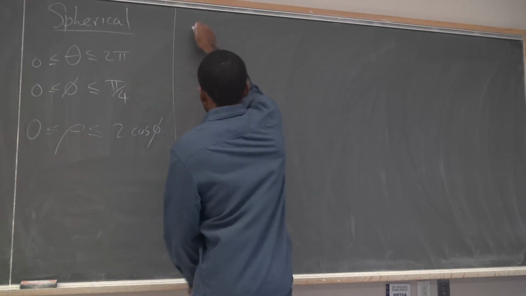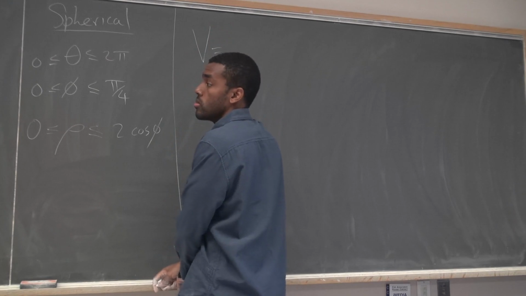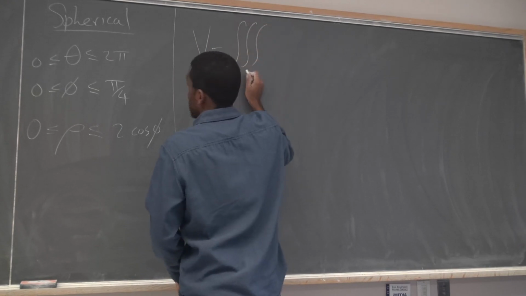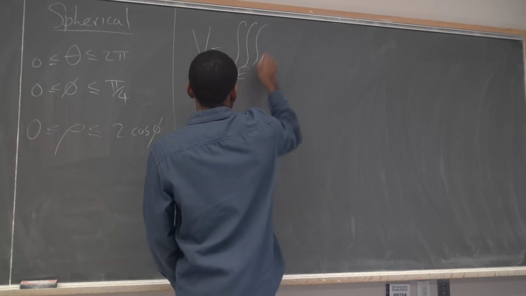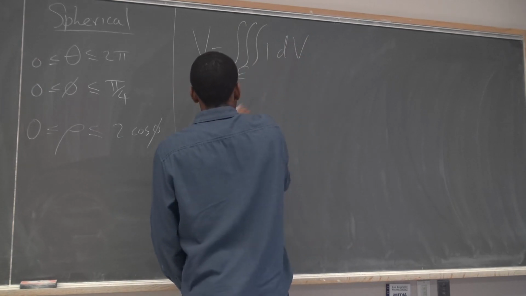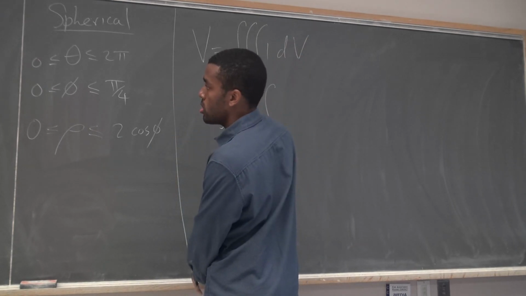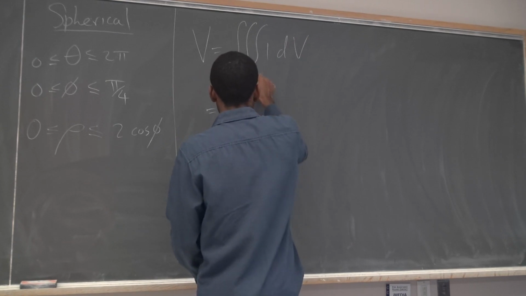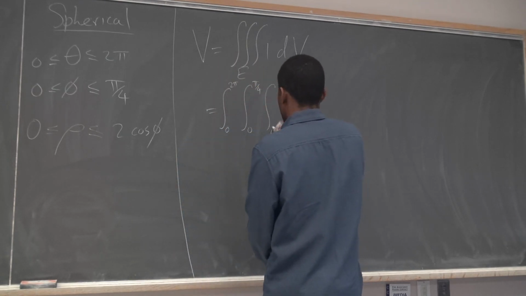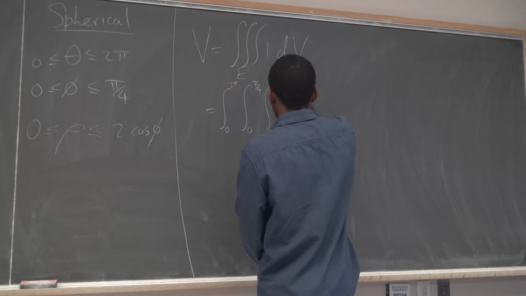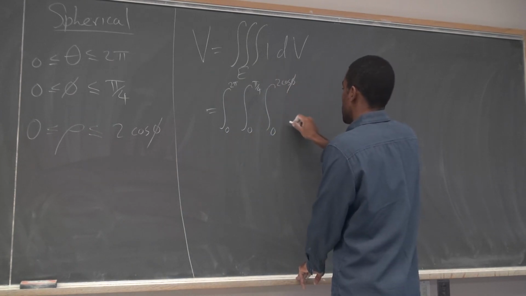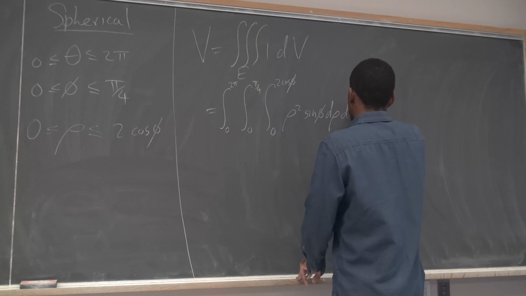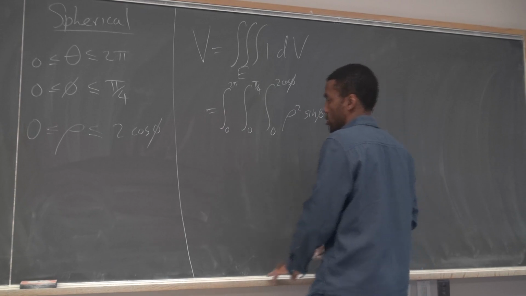So now how do I find the volume? Triple integral of 1 dv, set it up. So d rho d phi d theta: theta's on the outside, 0 to 2 pi, phi is in the middle, 0 to pi over 4, rho is on the inside, 0 to 2 cosine phi of 1 times rho squared sine phi d rho d phi d theta.